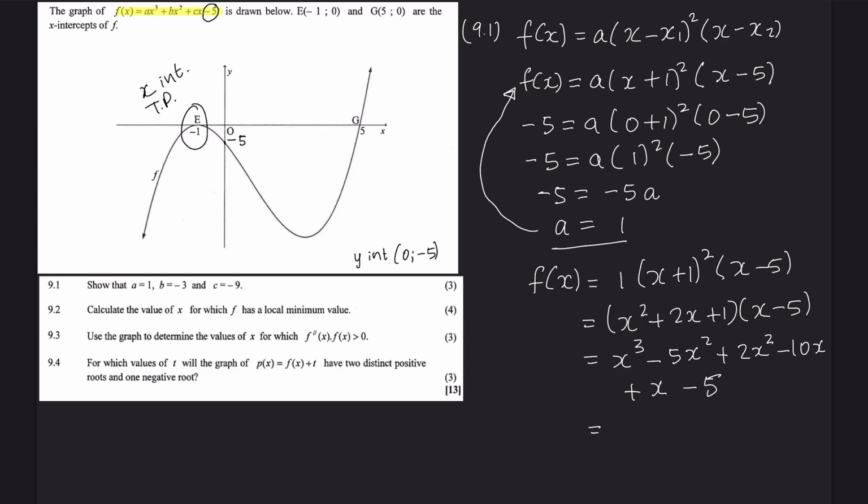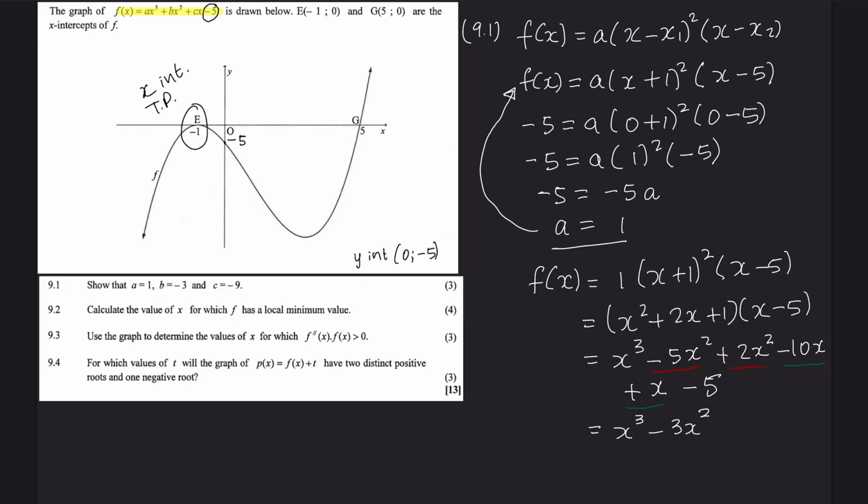Let's simplify. The like terms here are minus 5x squared plus 2x squared, and then minus 10x plus x. So you're left with x to the power of 3. Minus 5x squared plus 2x squared is minus 3x squared.